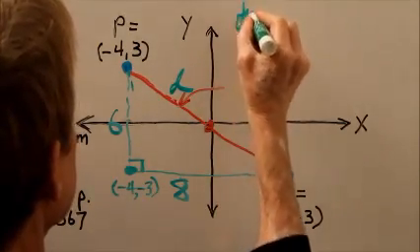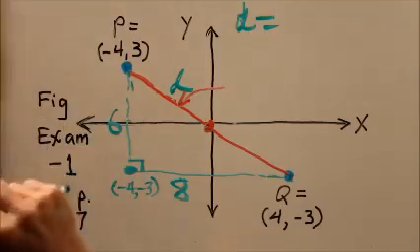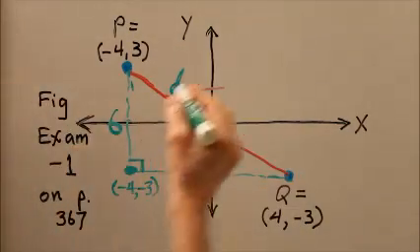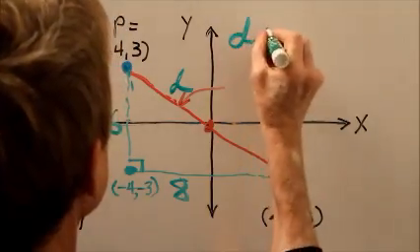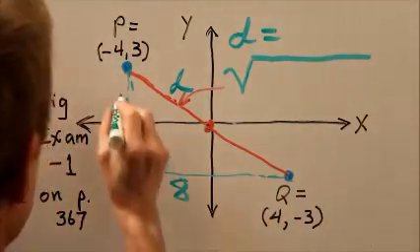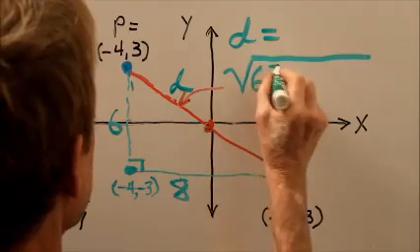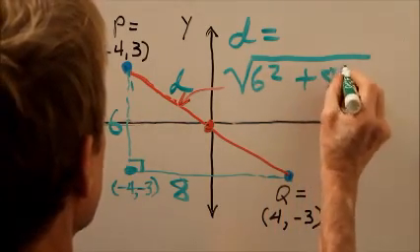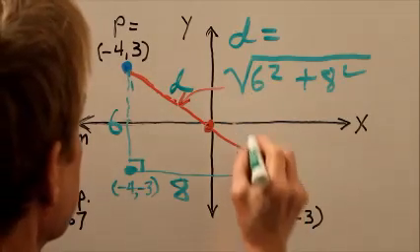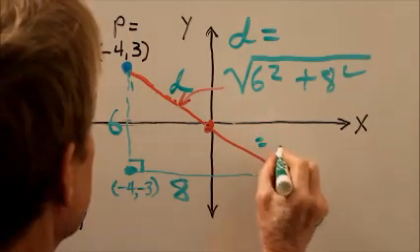D equals, well, let's move that down. I want to be sure that's on the screen for you. D equals the square root of 6 squared plus 8 squared. Well, if you square 6, you get 36.